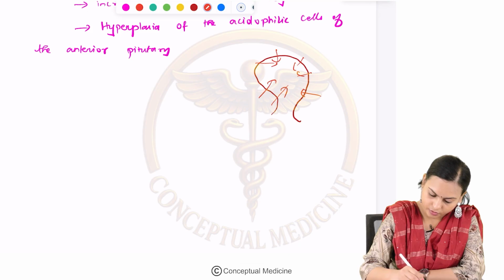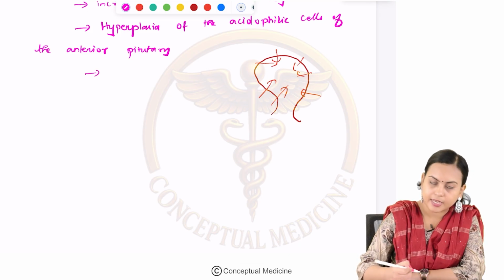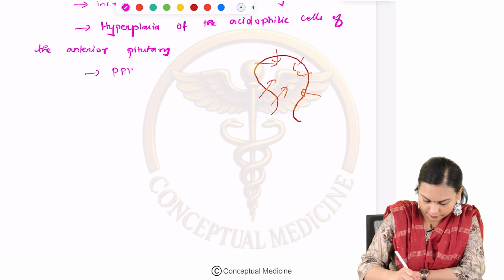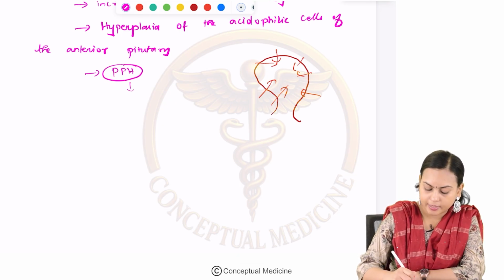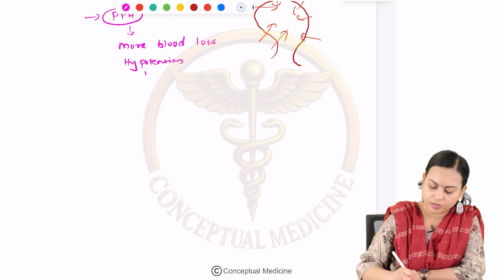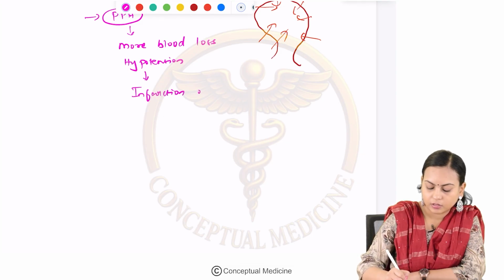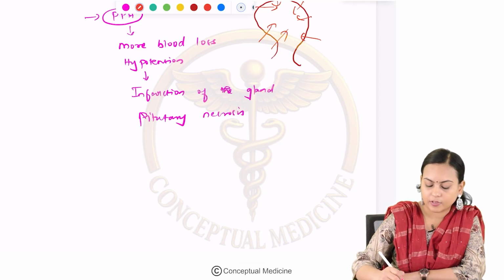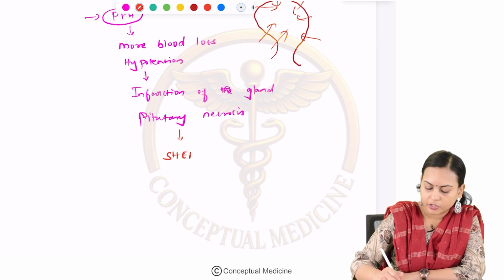So, if there is any condition like, say, a severe PPH is happening and there is more blood loss and hypotension in the mother, that will lead to infarction of the gland and pituitary necrosis also, that can result in one type of syndrome called Sheehan syndrome.